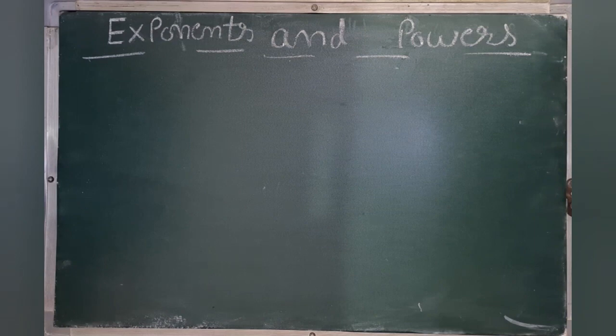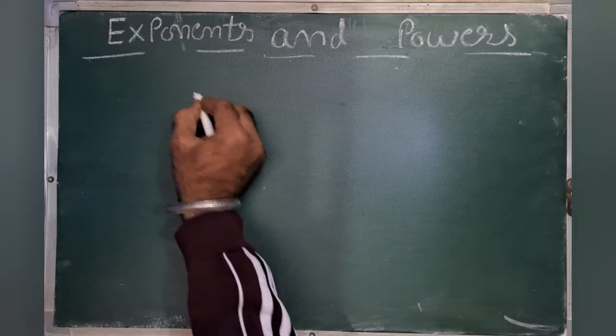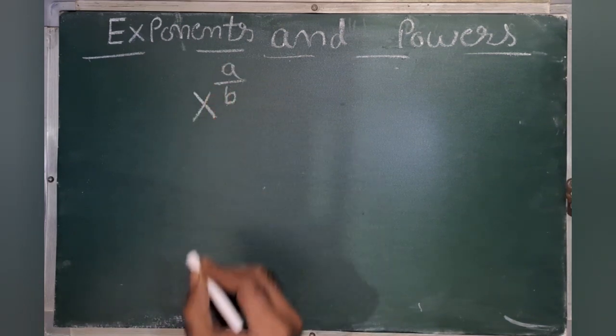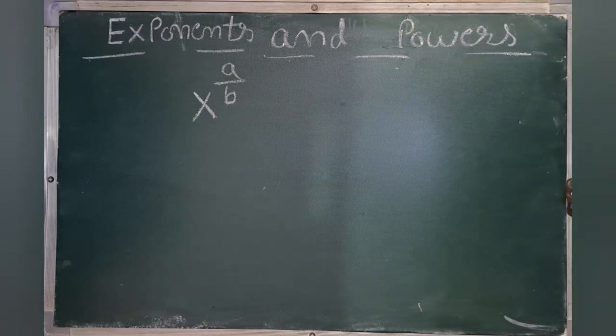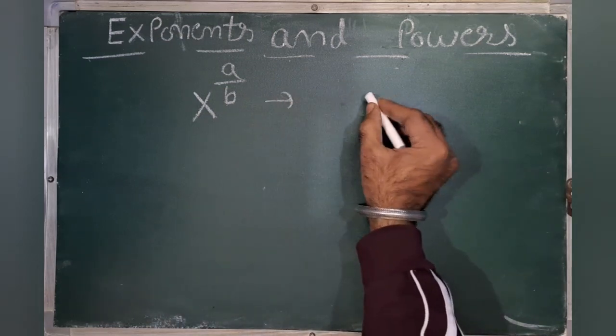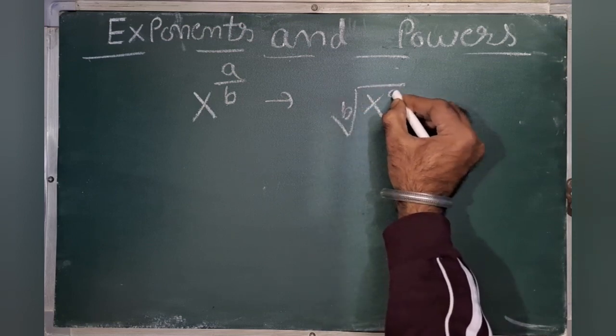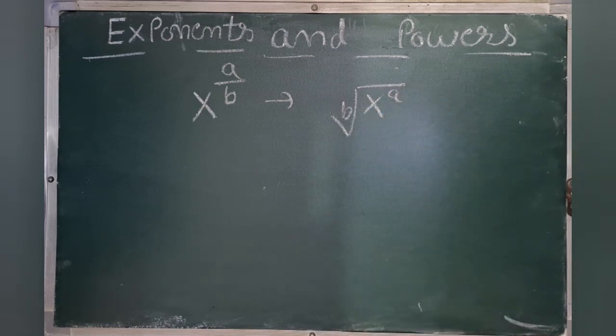So first we see what the actual general rule is for exponent power when the exponent is in fraction form, like if x power a upon b, the rule for this is the b-th root of x, and power is a, right?